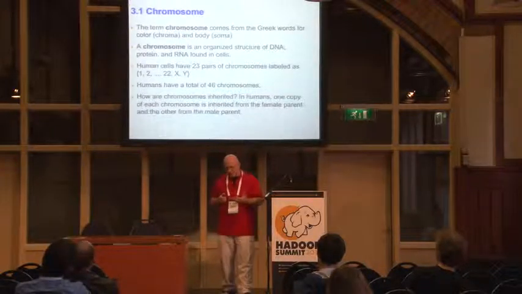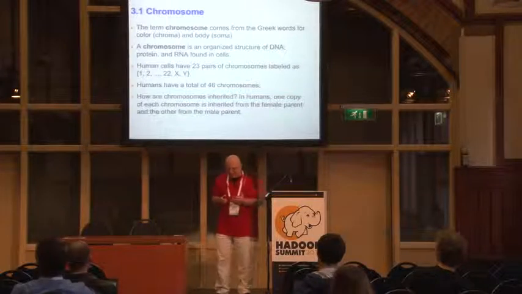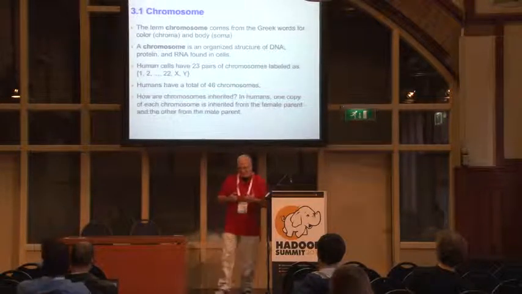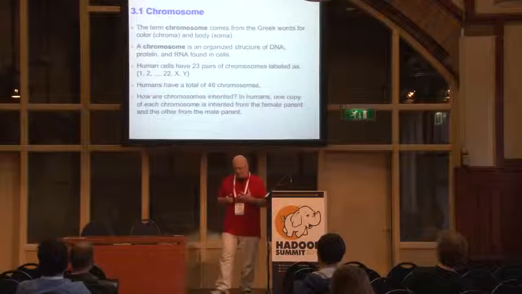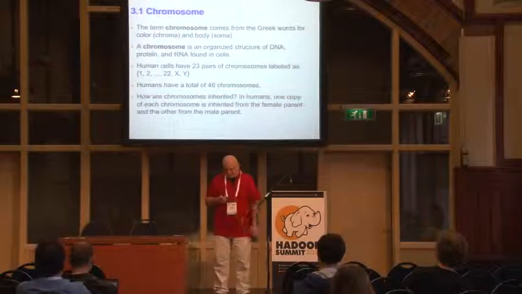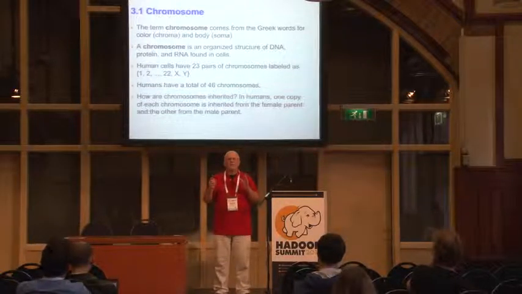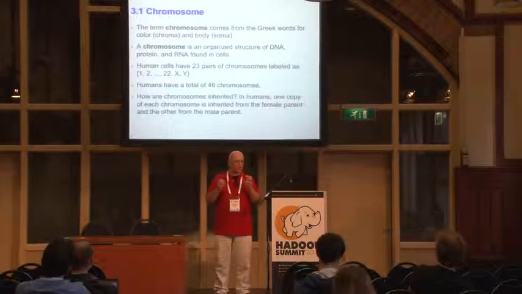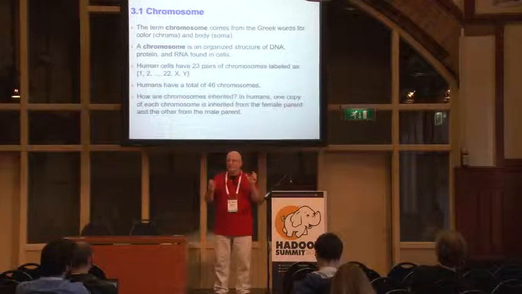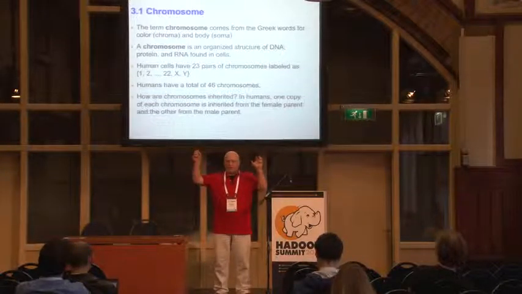As you know, the word chromosome comes from Greek, and basically it means color and body. The human body is composed of 23 chromosome pairs. One comes from the father and one from the mother.